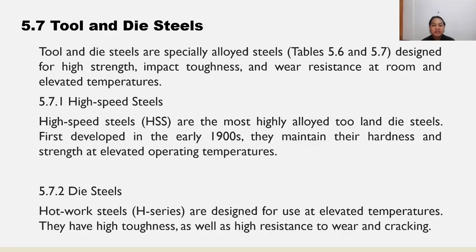They maintain their hardness and strength at elevated operating temperatures. And die steels, hot work steels are designed for use at elevated temperatures. They have high toughness as well as high resistance to wear and cracking.